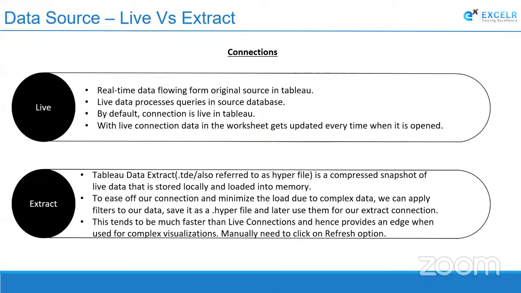As the data is an extract, there is very little load on Tableau, because the file is saved locally and does not need to reach the data source every time. This tends to be much faster than a live connection, hence provides an edge when you use complex visualization. Whenever you use visualization with a live connection, each and every time the data is refreshing, the performance gets affected. That's the reason people always prefer the extract data source.